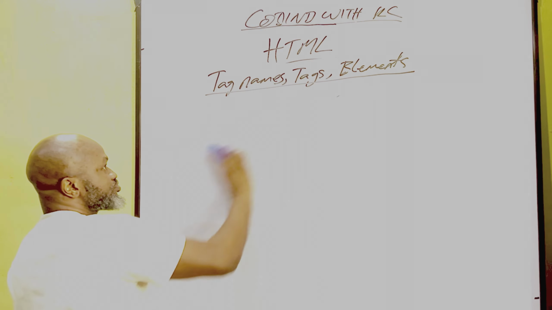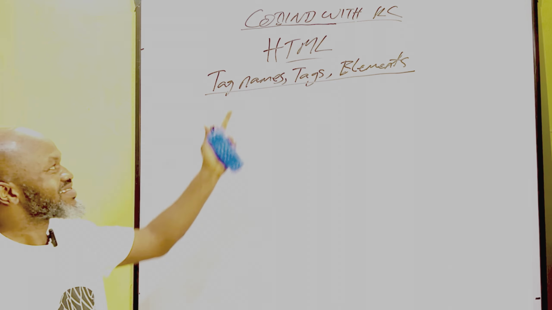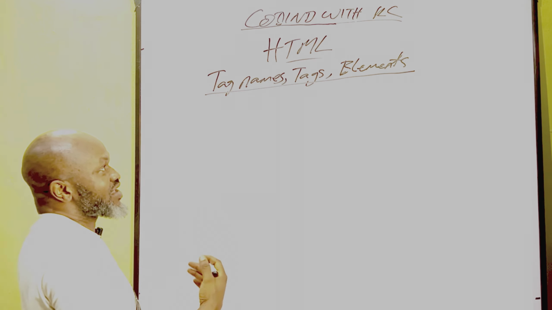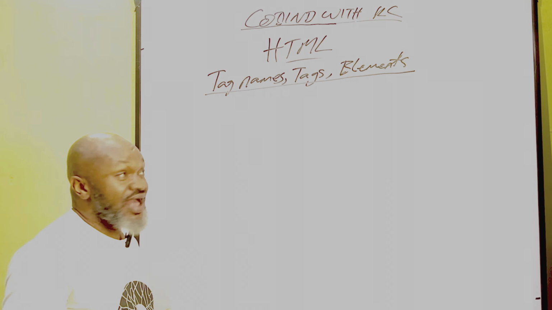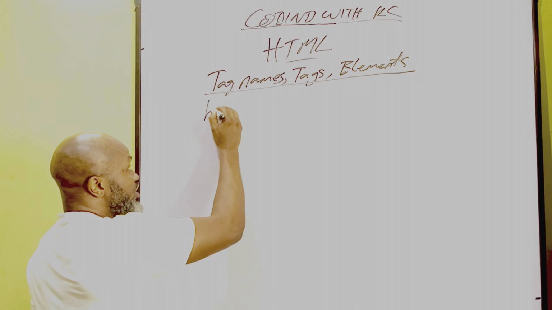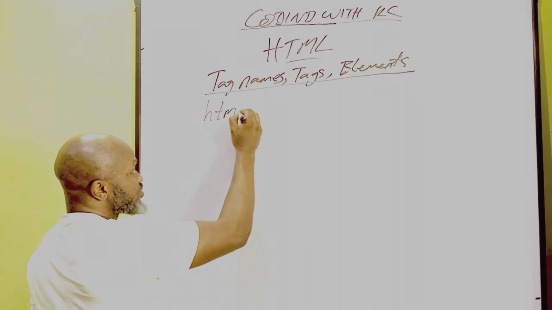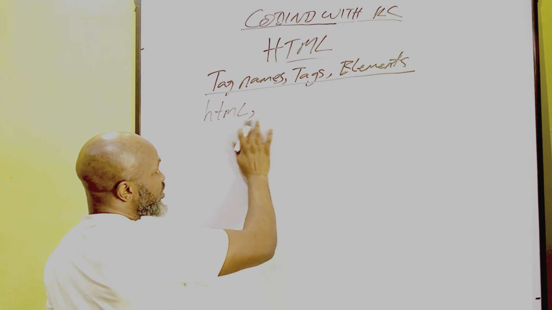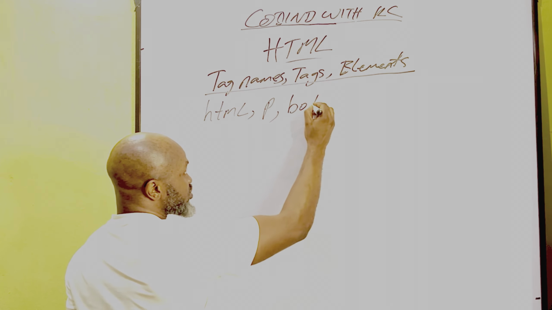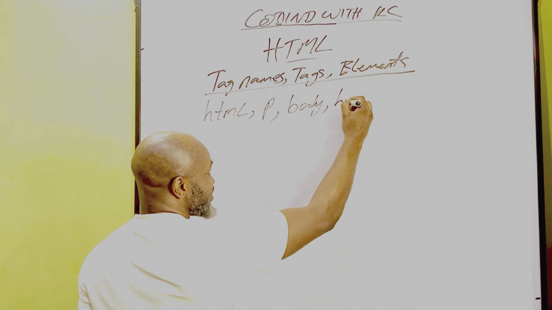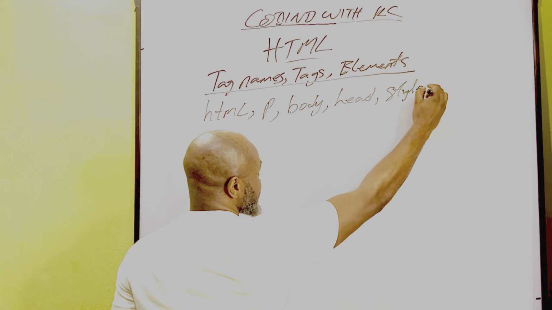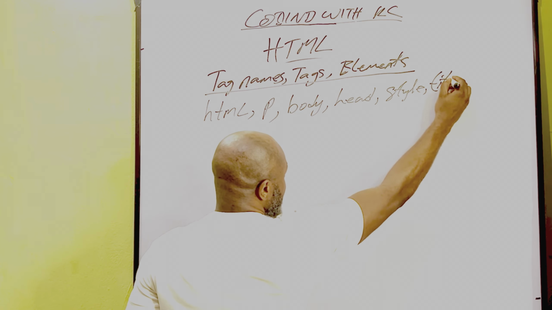So now, tag names. What are tag names? Tag names are keywords that exist in HTML. So you have to know them. You don't manufacture any. You have the HTML that we talked about, the paragraph, the body, the head, the style, and the title that we talked about.